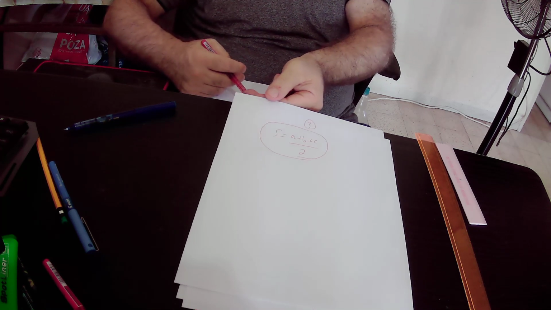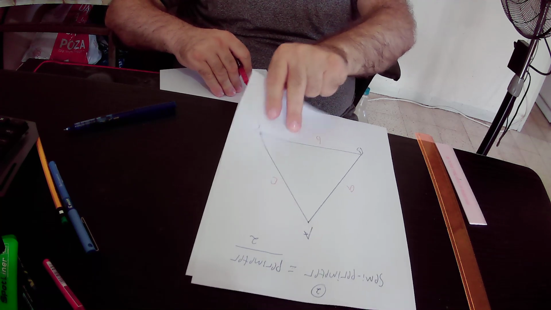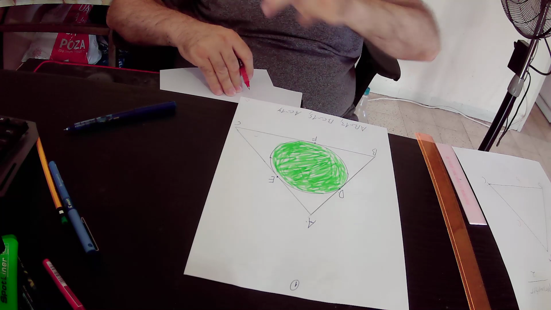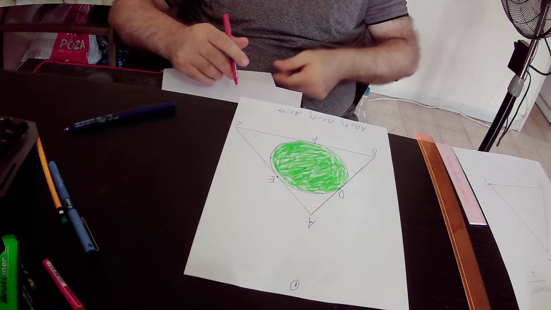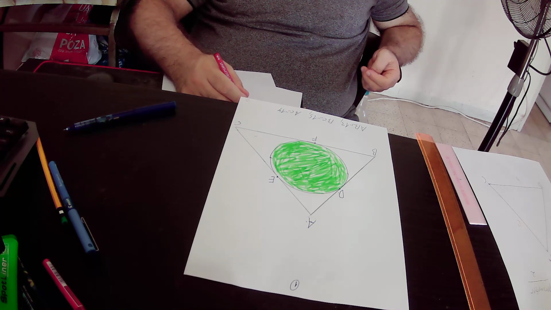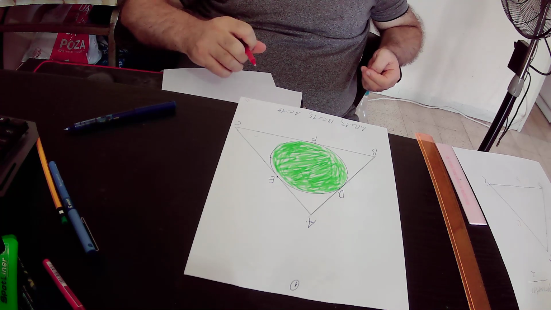Okay, so we can calculate the semi-perimeter of our triangle ABC according to the formula of the semi-perimeter, that the semi-perimeter of any triangle equals the sum of its sides over 2.